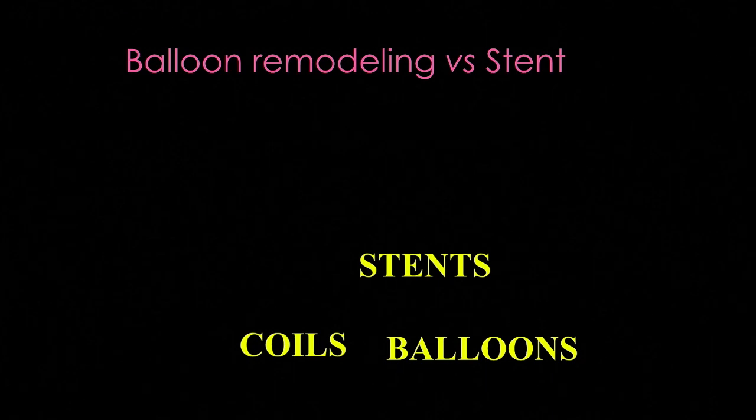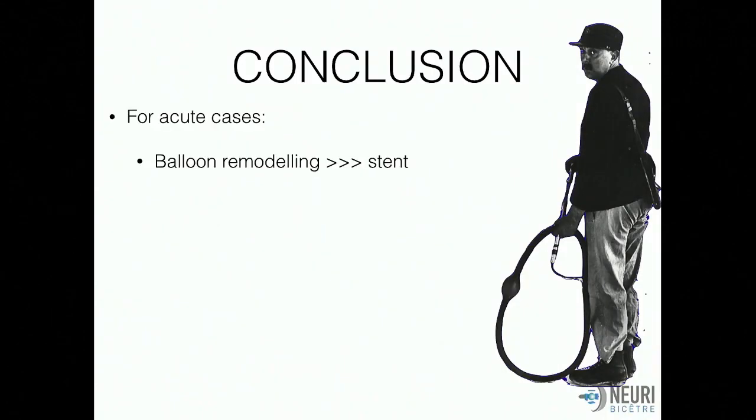And second, they are motivated to use expensive material. So they are using a lot of stents for ruptured aneurysms, which is, in my opinion, a bad behavior. So to conclude, please prefer using the balloon remodeling technique rather than stents in acute ruptured aneurysms.